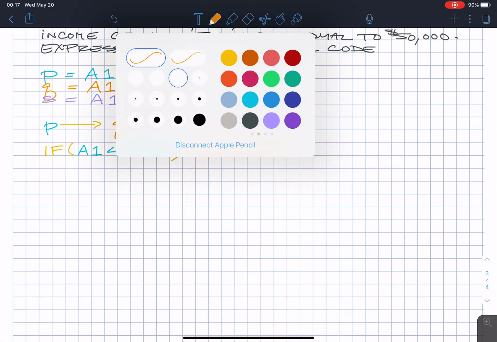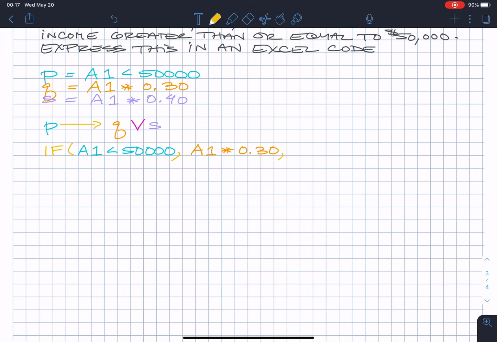Otherwise, we tax at 40%. So if it's greater than or equal to 50,000, then we would tax at 40%. This would be the corresponding Excel code for that.